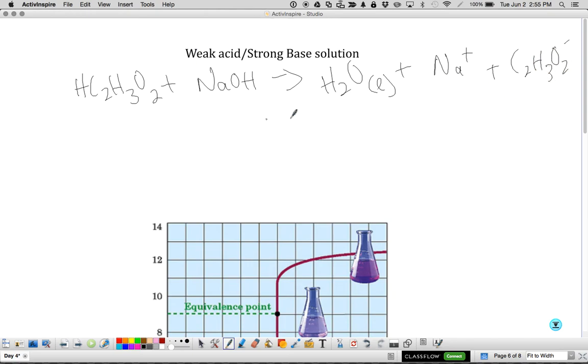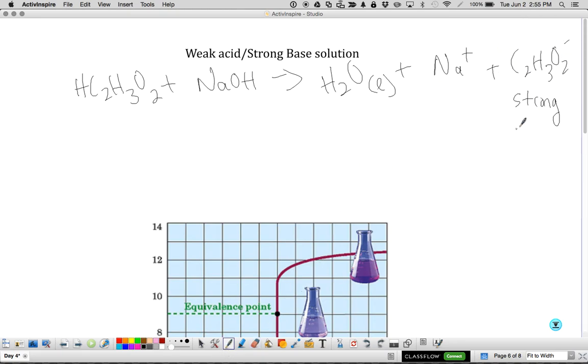Now, here's my H2O, okay? That has no effect on pH. This shouldn't have an effect on pH, but this is the conjugate base of a really weak acid, which means that this is decently strong. Okay? Now, what does that mean?